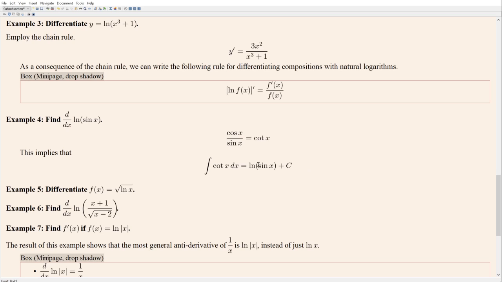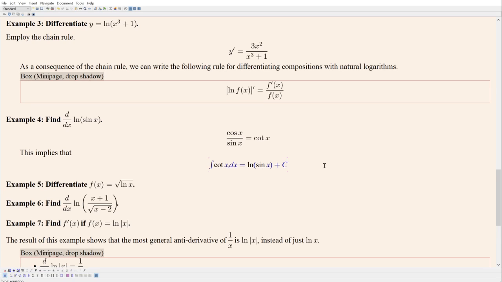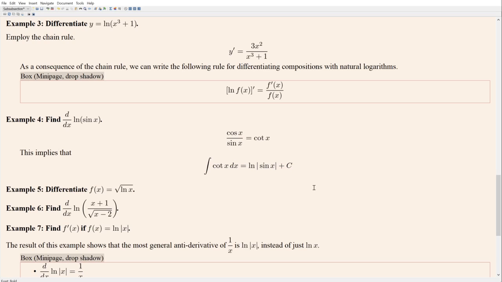Ooh, you know what? Maybe I shouldn't say this yet. So, a very technical point here. When you are taking antiderivatives, you want the antiderivative to be as generic as possible. You want it to have the biggest domain possible. But the natural log is only defined for positive numbers, right?